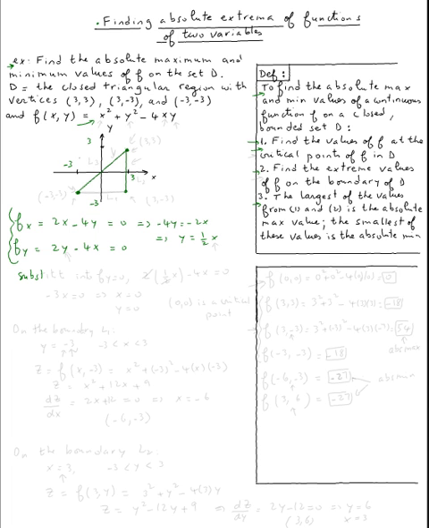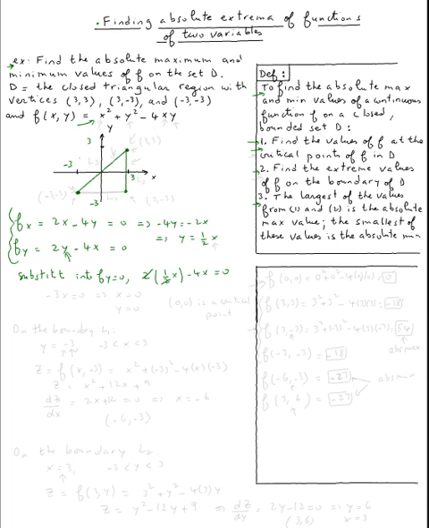Substitute into the equation that has f sub y equals 0. What do we get? 2 times, I'm going to plug 1/2 x into y, 2 times 1/2 x minus 4x equals 0.